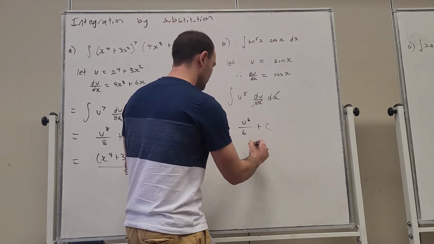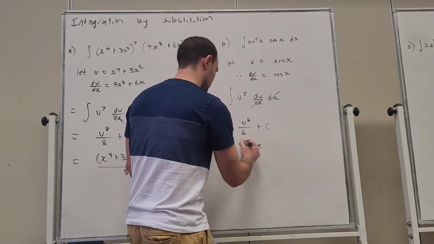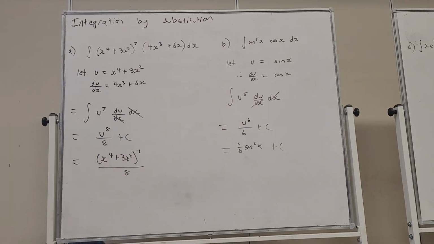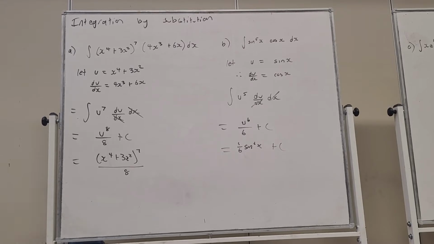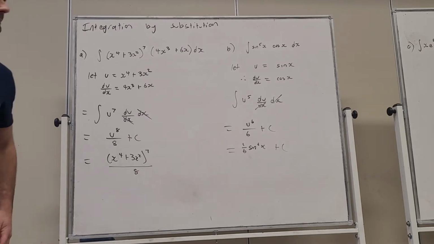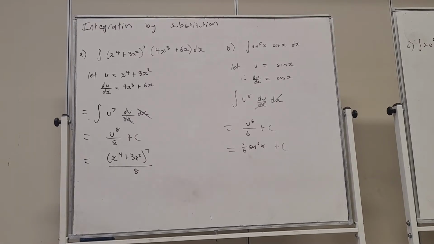So what's u? Sine of x. 1 on 6 sine to the power of 6 of x plus c. Yeah, a little bit more tricky.